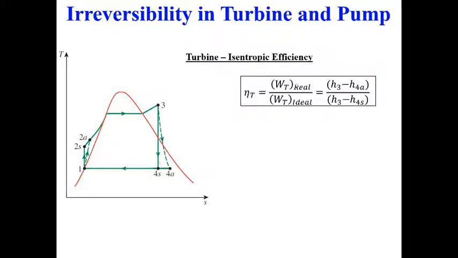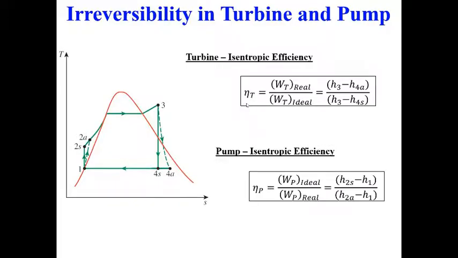If you look at this plot, the work done by the turbine can be calculated using H3, and in the real cycle it goes to 4A. So the actual work done is H3 minus H4A. Similarly, for the ideal cycle, the theoretical work done is H3 minus H4s, which is shown here. So this will give you an idea of the efficiency or effectiveness of the turbine.